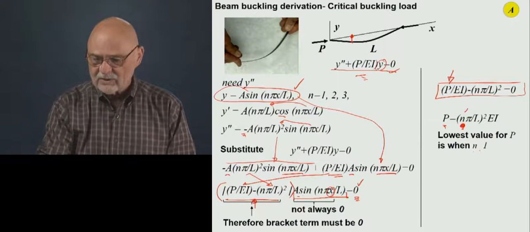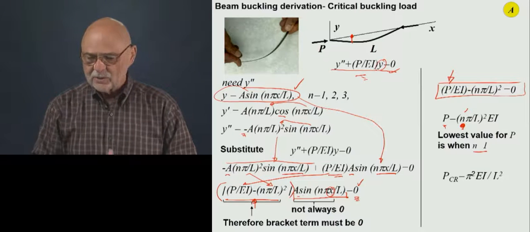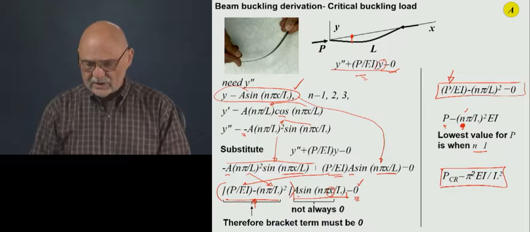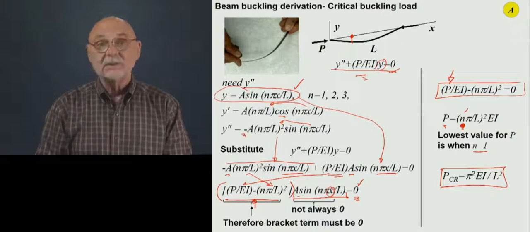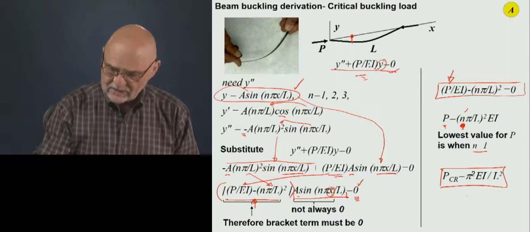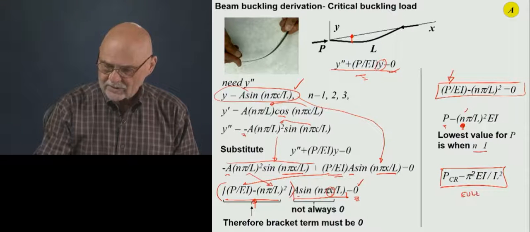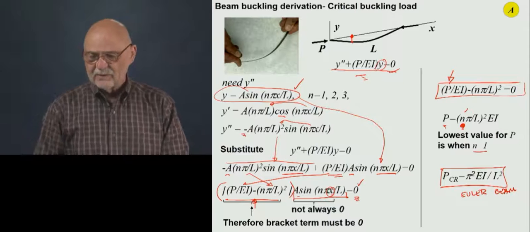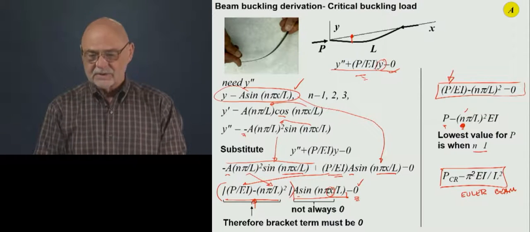So the lowest value would be for n equal to 1. So here, the P becomes the critical buckling force for an Euler beam. Euler was the guy that first figured this out. So we've got a solution for the beam.